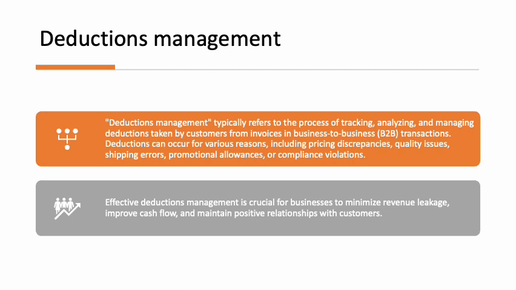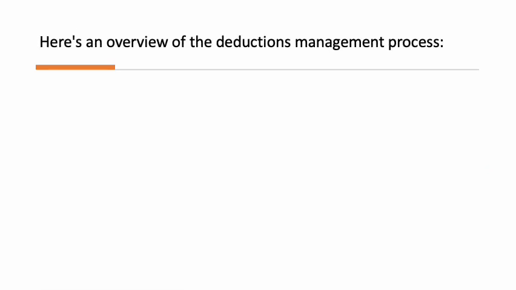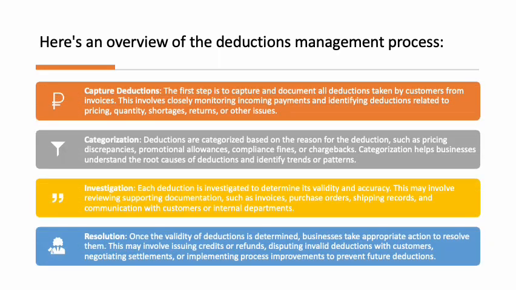Deductions can occur for various reasons, including pricing discrepancies, quality issues, shipping errors, promotional allowances, or compliance violations. Effective deductions management is crucial for businesses to minimize revenue leakage, improve cash flow, and maintain positive relationships with customers. Here's an overview of the deductions management process.